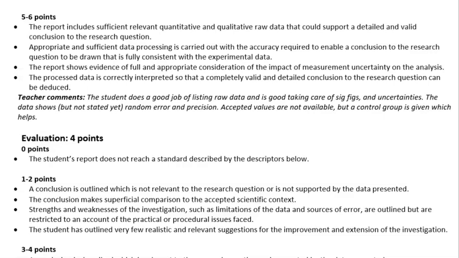Third point, the report shows evidence of full and appropriate consideration of the impact of measurement uncertainties on the analysis. So we're going to do uncertainties of the equipment, which is random error. We're going to calculate uncertainties of process data. Those calculations would also be random errors based on the equipment. So it's a possible error.